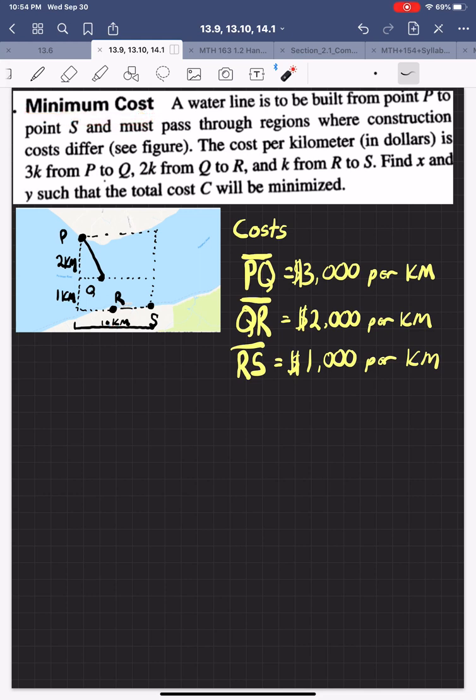So I'm going to show you a better picture of this on the next page. This is the figure that came with the problem. I just wanted to jot it down from here to here. I figured it'd be better to do it this way.